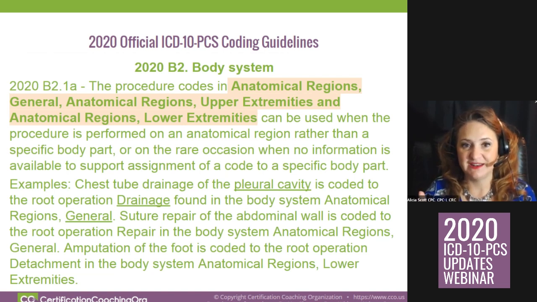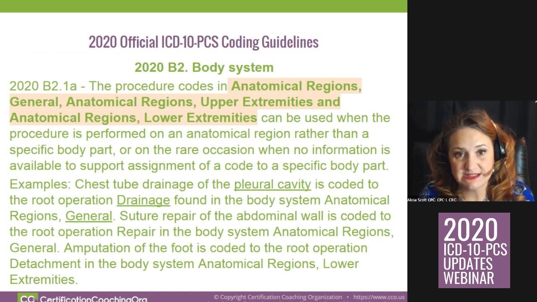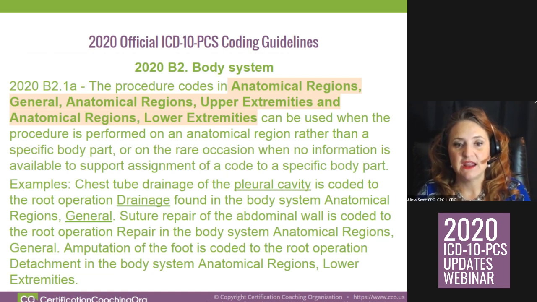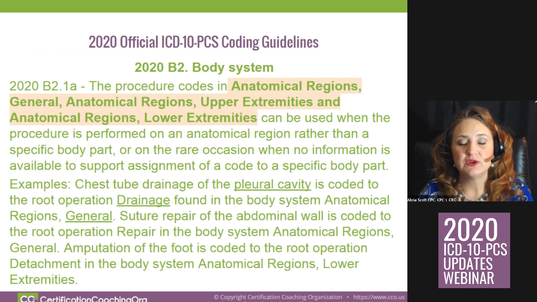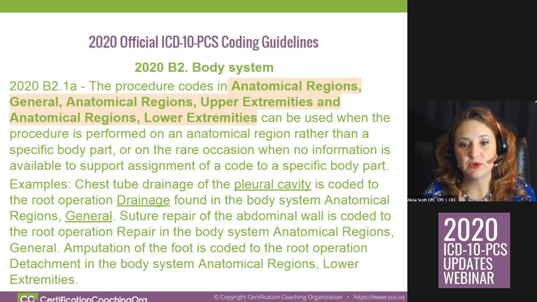You're not going to find that in the other sections. They've added that, and what we're talking about is doing a procedure to an anatomical region rather than a specific body part.